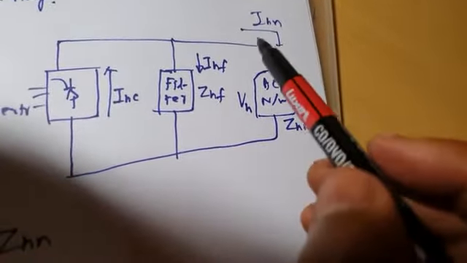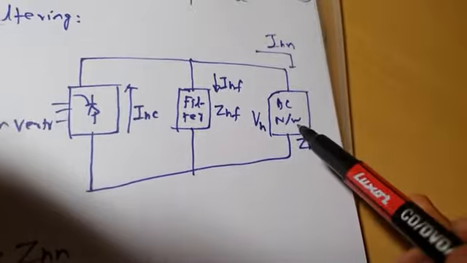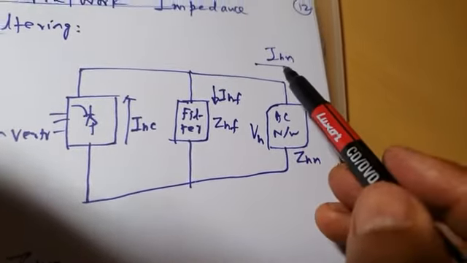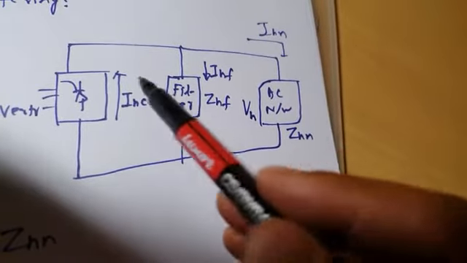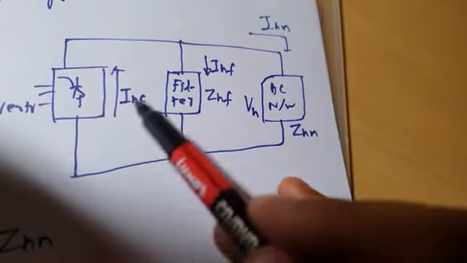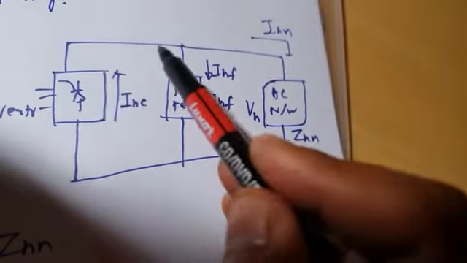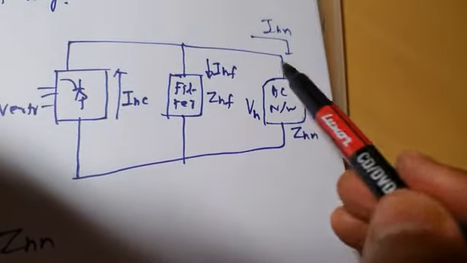This IHN is the current which is going into the AC network, and this harmonic current is actually generated by the converter. You can treat this converter as a current source, and then some current goes into the filter network and some goes into the AC network.